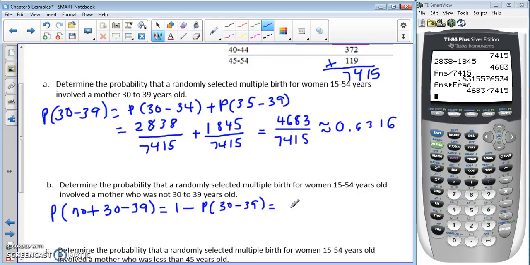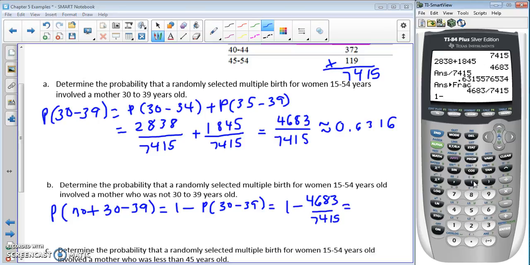So we're going to use the fraction here to be the most accurate, so we're going to do 4683 over 7415. Here, 1 minus, kind of a rule of thumb, I always put my fractions in parentheses. That saves some trouble to avoid any issues there. Enter, I'm going to do math, enter to get my fraction there.